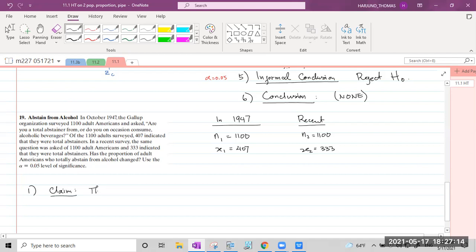The proportion of adult Americans who totally abstain from alcohol has changed.